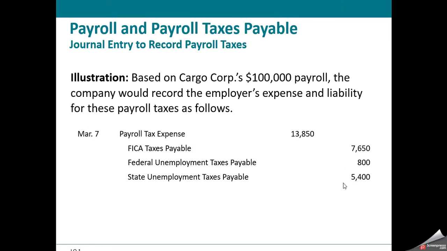So again, could be an industry that's full of injuries and accidents, or an industry that is laying off workers, maybe very seasonal, so they have higher unemployment taxes to pay.